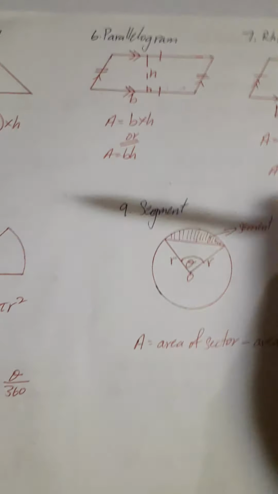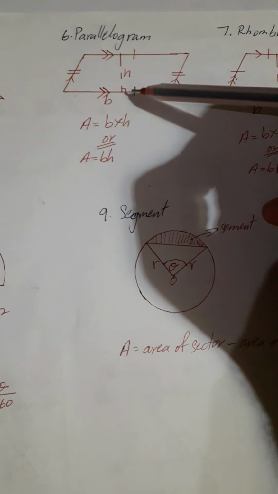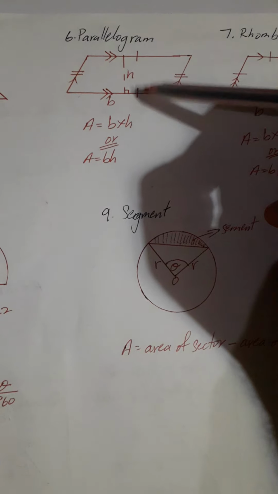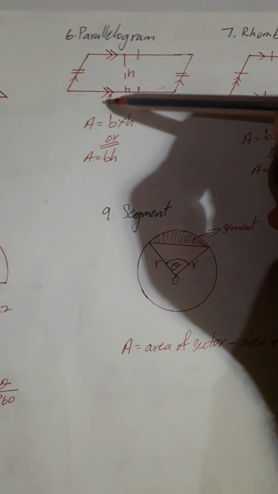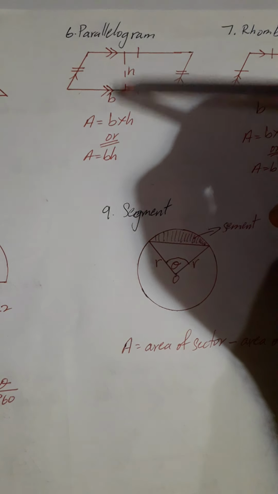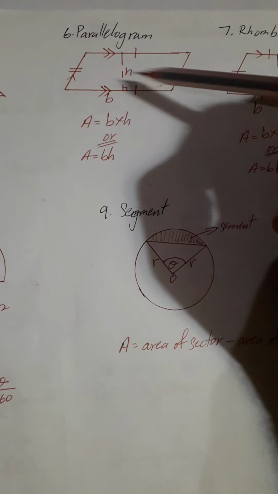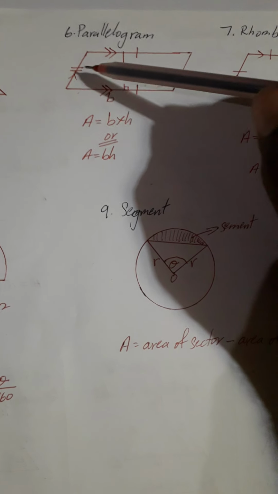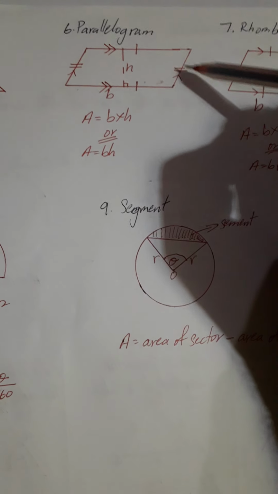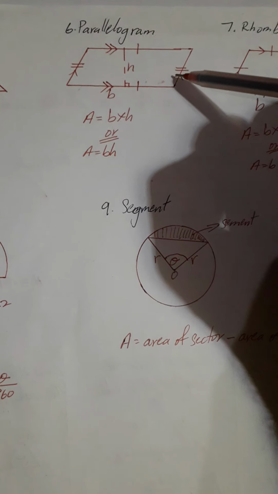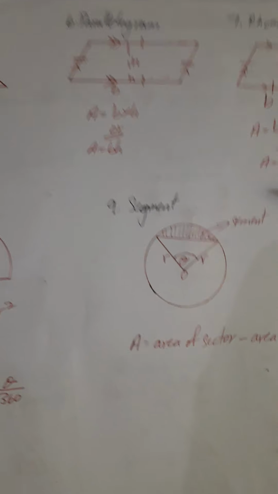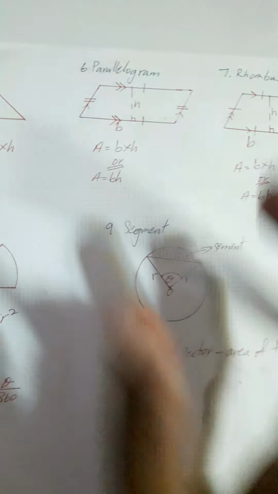Okay, parallelogram. Alright, so you might see some fancy markings here. This line means that these two sides are equal, and this here means that these two are parallel. The same thing here, it means that these two are parallel. The double line means that these two sides are equal. A parallelogram is more like a rectangle, but it's just slanted, right?